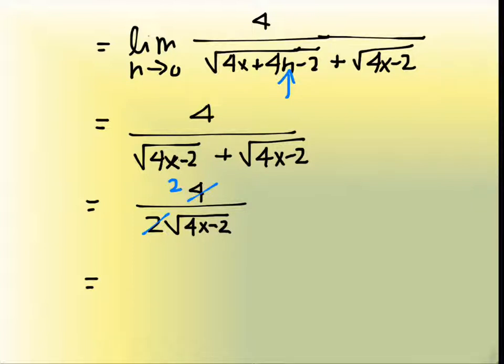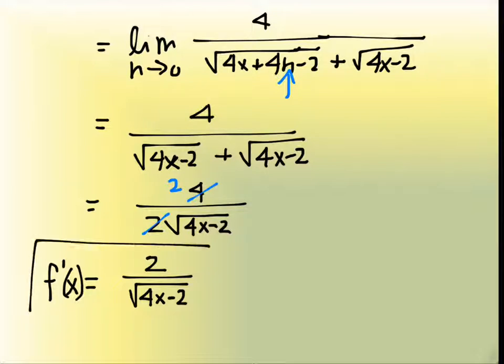Now, this is actually completely done. Some of you are going to feel bothered by it, so tell me why it bothers some of you. There's a radical in the denominator. So let me tell you why this is done. When you saw radicals in the denominator in trig and you were always rationalizing, the radicals you always saw were radicals of just numbers, like square root of 2 or square root of 3.